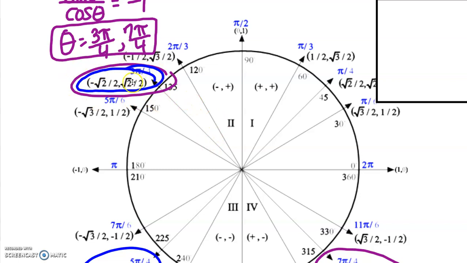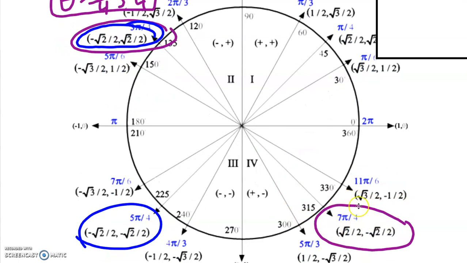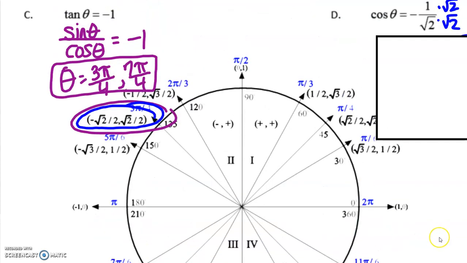Because when you do square root 2 divided by 2, divided by negative square root 2 divided by 2, everything cancels out and you're left with that negative. Same thing down here at 7 pi over 4, negative square root 2 divided by 2, divided by square root 2 divided by 2, everything will cancel out except for that negative. So just remember that with tangent, you're always looking for sine divided by cosine.